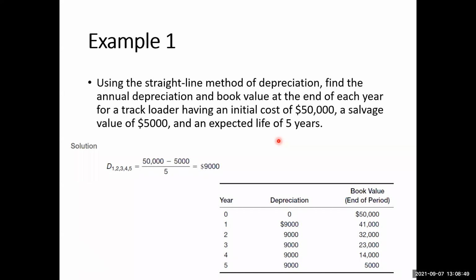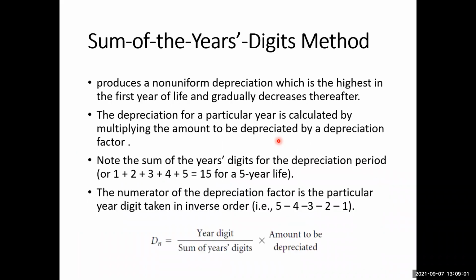I don't have the time to explain why, because that will be the topic of a full engineering economy course. As of now, I will only state it like this. There are some other methods, such as the sum of the years digits method, which reduces the value of the asset much quicker in the early years of the life of the equipment.